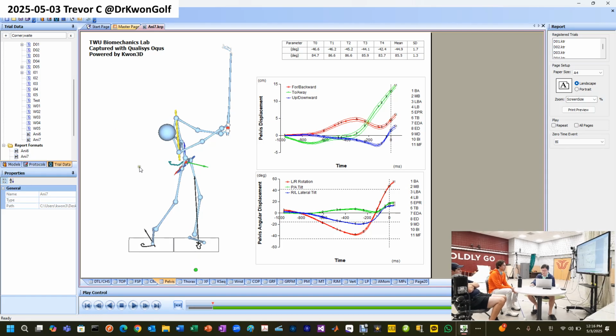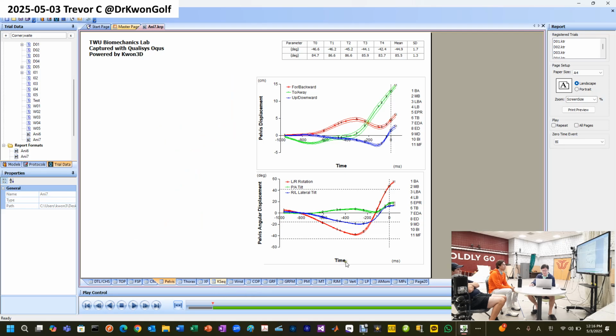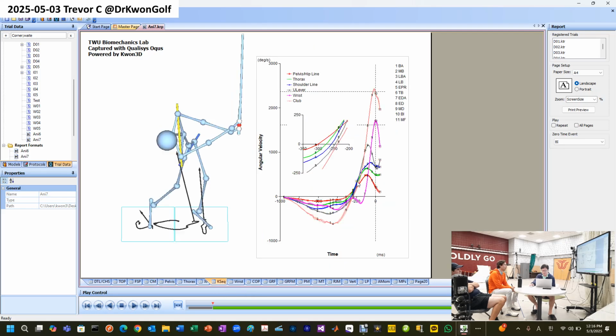So in the kinematic sequence, you're generating good angular velocity of the body early here. At ED, you have peaks here, and after that, the arms lose a lot of angular momentum here. Pelvis loses a lot of angular momentum here. So the body loses angular momentum, and the club, the wrist, gains a lot of angular velocity here.